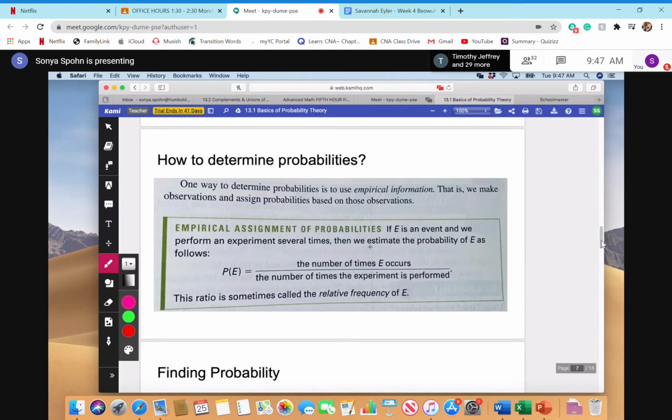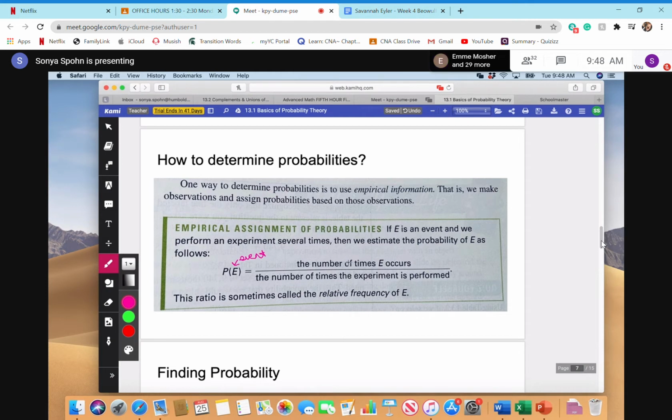All right. Now we have this formula right here. It is the probability formula. How do you find probability? If you ever did simple probability, it's this formula. This is very wordy, but it's technically the formula, and it's actually very easy. It says P for probability of E. E is what we call an event. So if I say, what's the probability it's going to rain? Then rain is the event. And then the number of times E occurs.